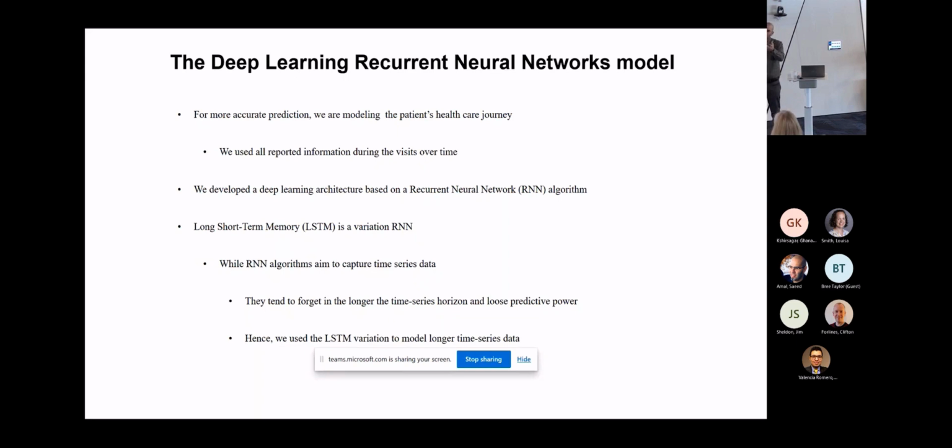The problem with the simple RNN is that it tends to forget on long sequences. So we use another variation, LSTM, long short-term memory, and this actually overcomes the limitation of the vanishing gradient.